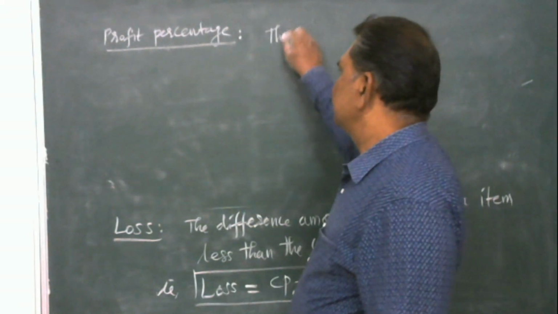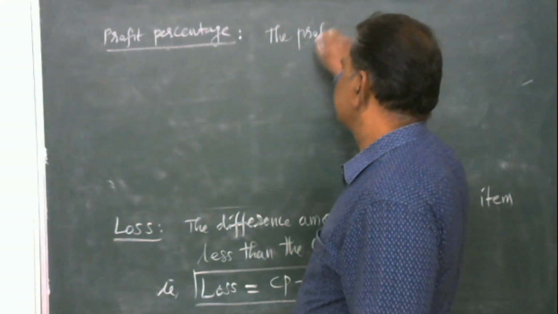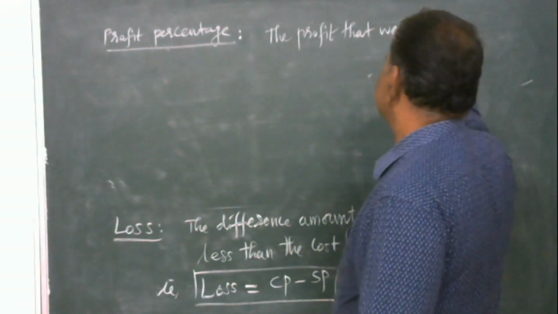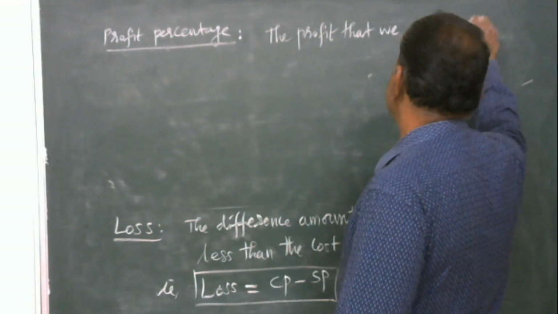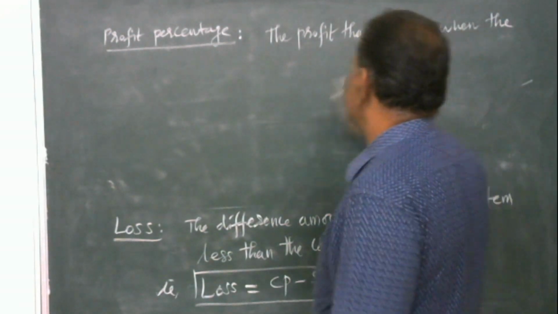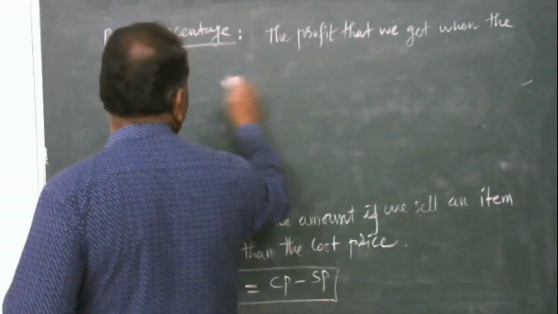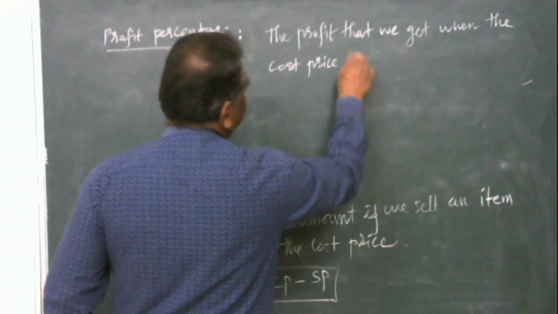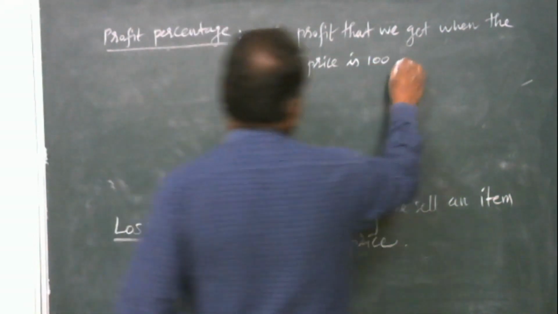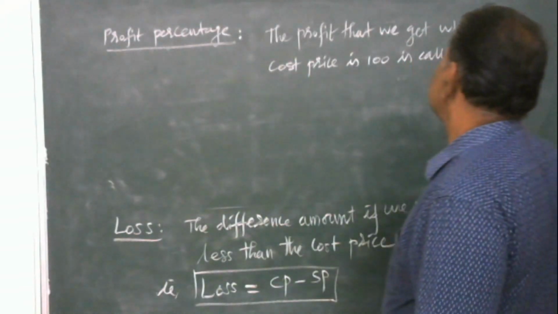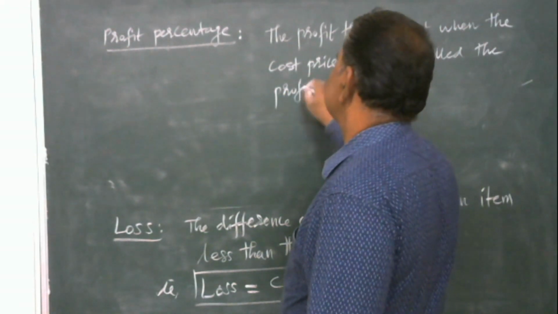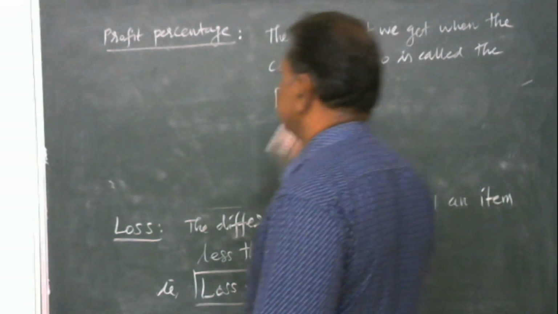So the profit that we get when the cost price is 100 is called the profit percent. We write it with the symbol, profit percent.